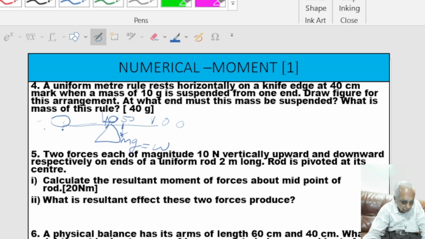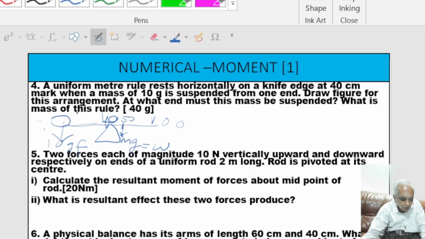So it has to be at 0. Then only it can be balanced. If I suspend it at the other end, both will be clockwise and the ruler will go down from this end. So the first part is done: it must be suspended at the end where there is 0.